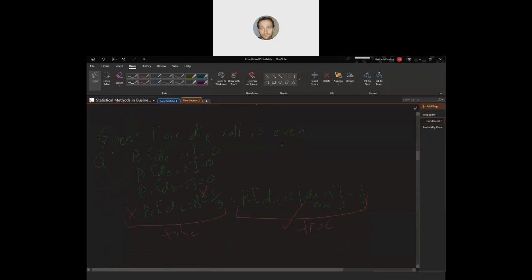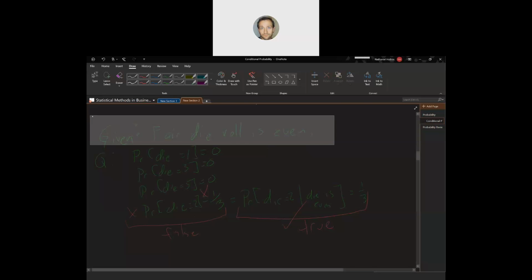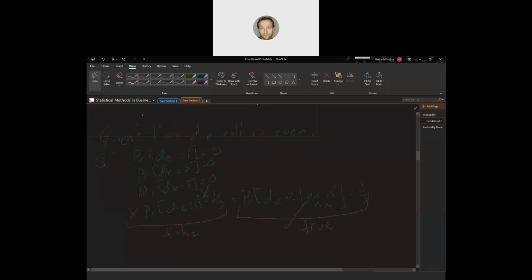Here, this was just an example to emphasize the probability spaces. Given that a fair die roll is even, you cannot say that the probability of a 2 is 1/3. It's the probability of 2 given that the die is even is 1/3.